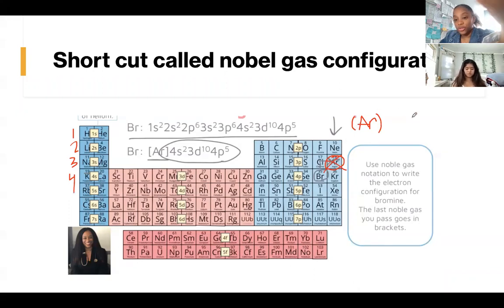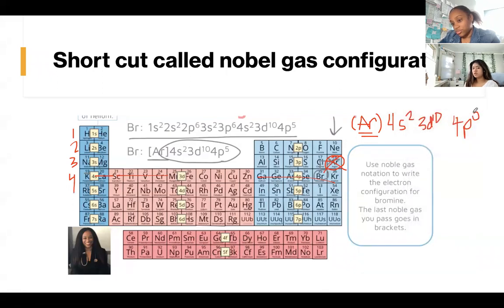For example, you'll say argon, and then 4s2, 3d10, 4p5. So it is the last noble gas, 4s2, 3d10, and 4p5. That's how you get to your shortcut.